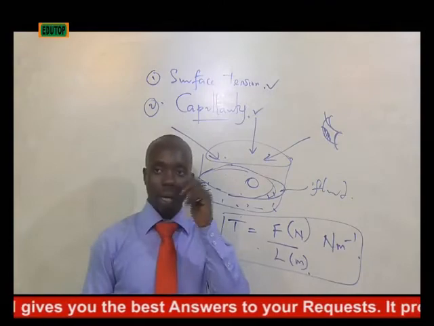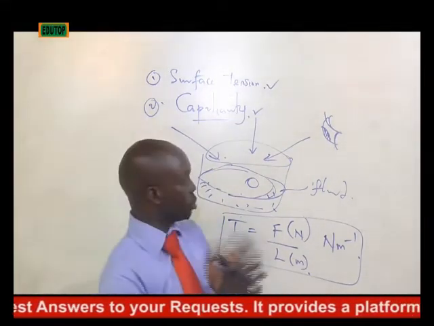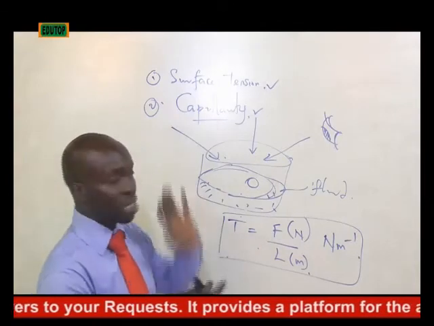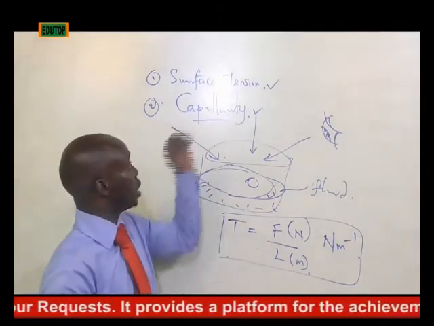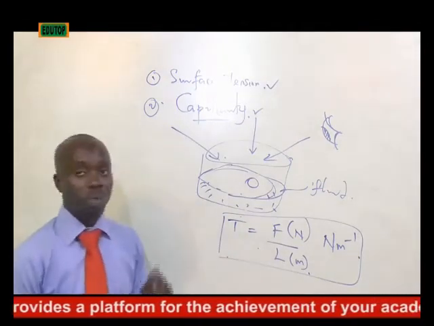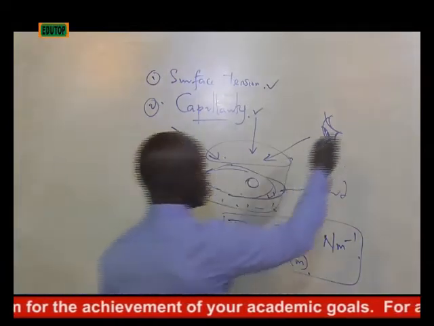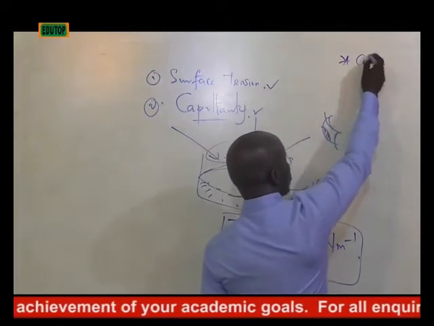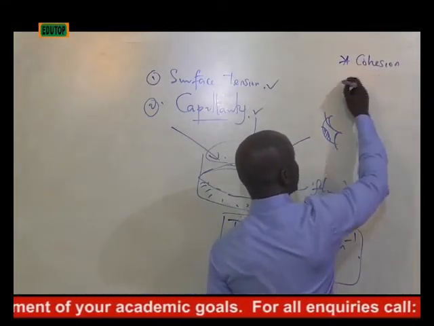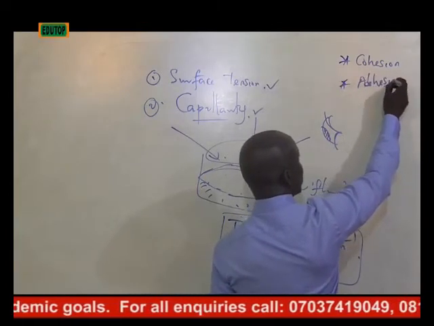Now at this junction, we will be looking at some subtopics of surface tension that we need to check. Under our surface tension, there are some subtopics, which is what we call cohesion. What is meant by cohesion? And what is meant by adhesion?